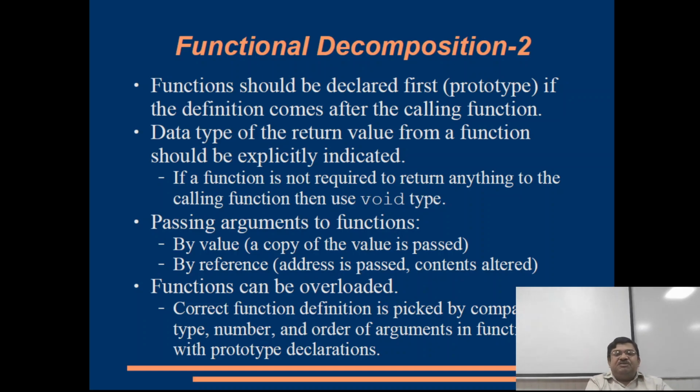So not just the type of the arguments, but the number of arguments and the sequence in which the different arguments are passed, all that complete pattern of the arguments to a function is matched with the prototype declarations, and whichever prototype declaration matches with the calling sequence, that definition will be used for generating the executable code, the executable application.